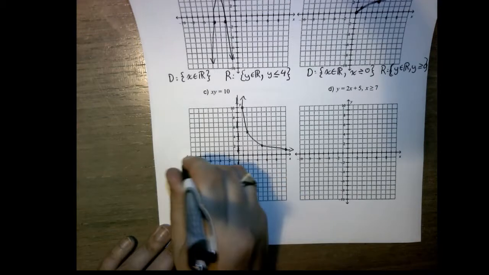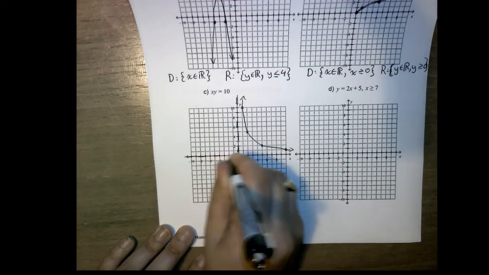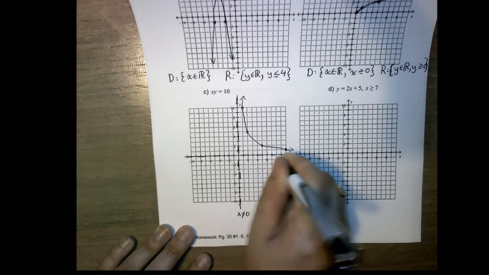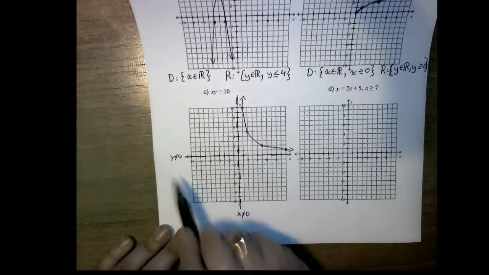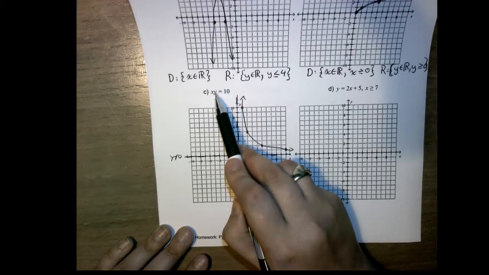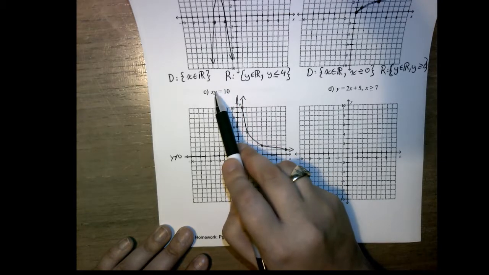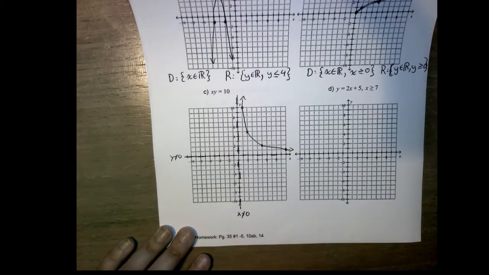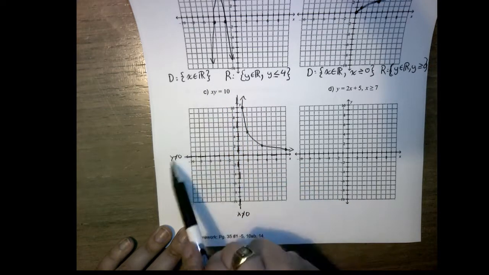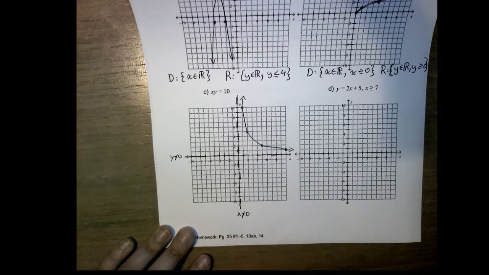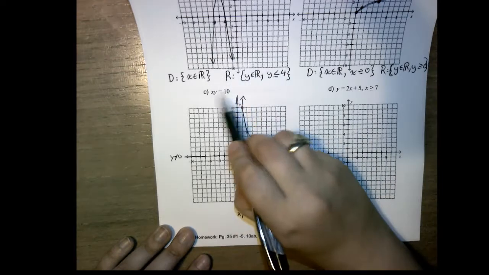And similarly, I'm never going to have a y value of 0, right? Because if y is 0, I'm not going to get the number 10. And if x is 0, I'm not going to get the number 10. So I can't have a y value of 0, and I can't have an x value of 0 for this statement to be true. So now let's think about negative numbers.